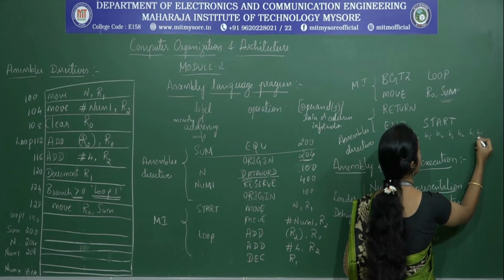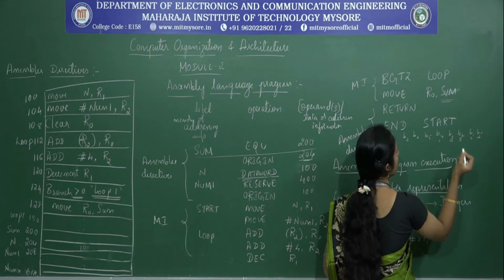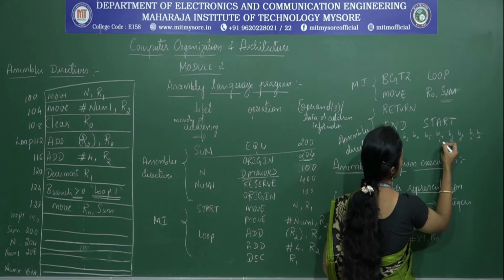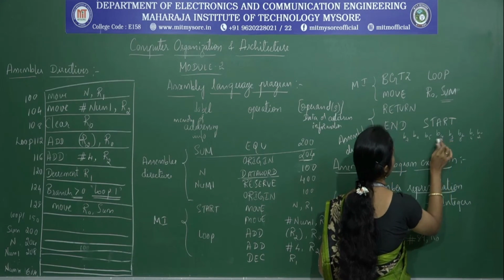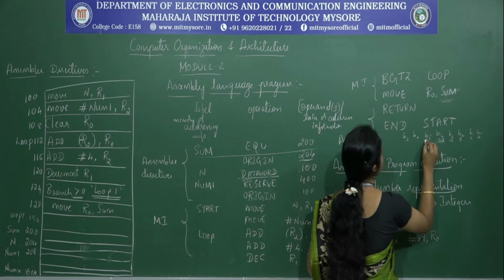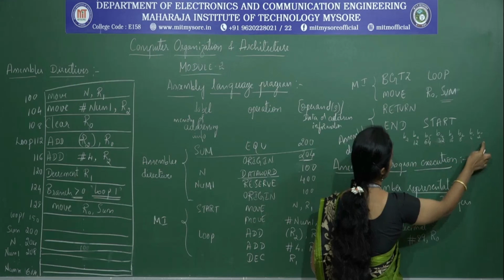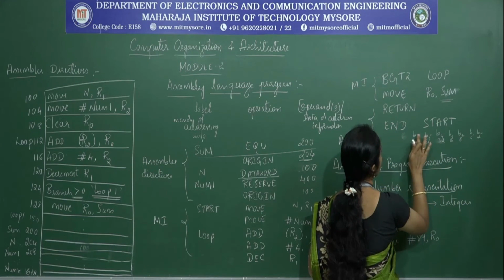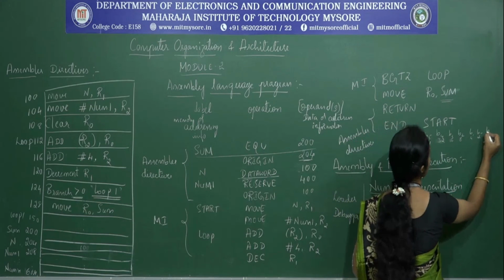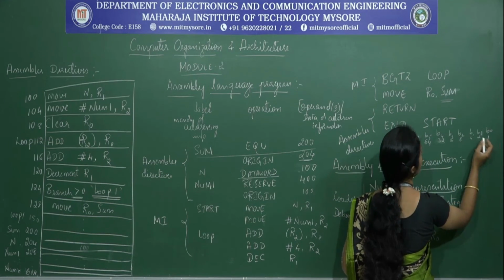Here the equivalents are 2, 4, 8, 16, 32, 64, 128. Let me shift, because the B0 value is not 2. I'm very sorry, B0 is 1.